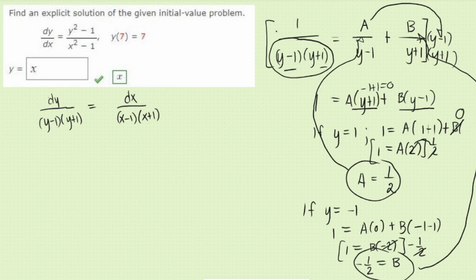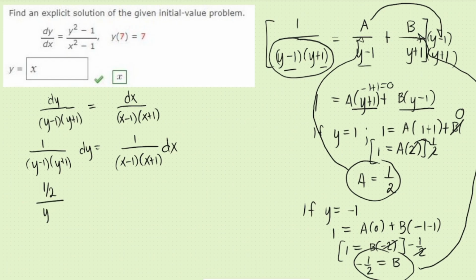So this here is now 1 minus 1. Okay, so this here is this here, right? A over y minus 1, and our a is, remember, 1/2. So we have 1/2 over y minus 1. And our b is what? B is negative 1/2. So we'll put that one here all over y plus 1.